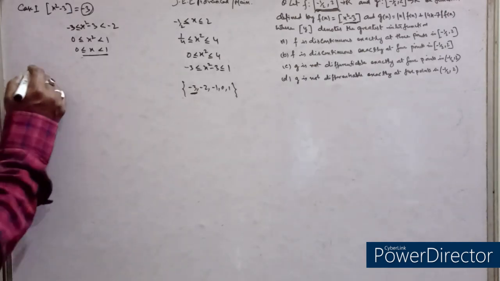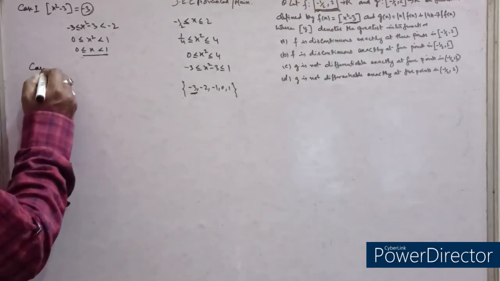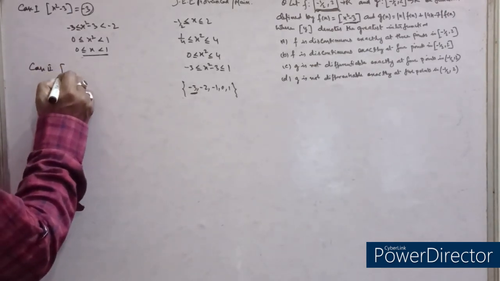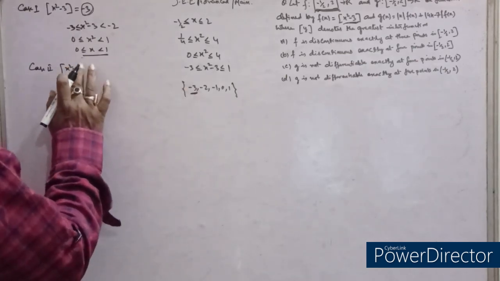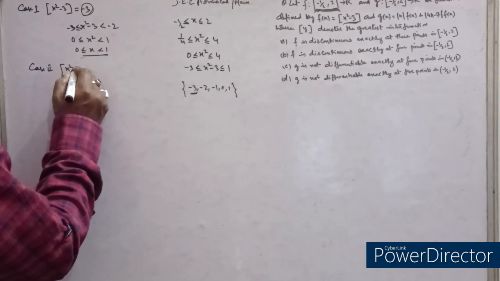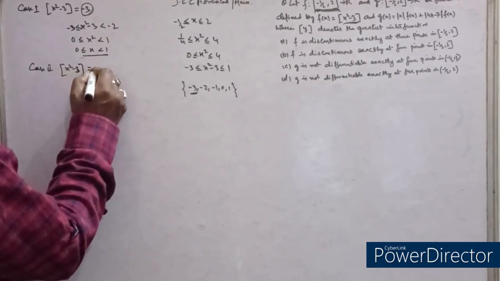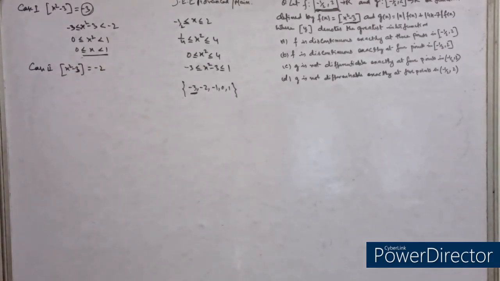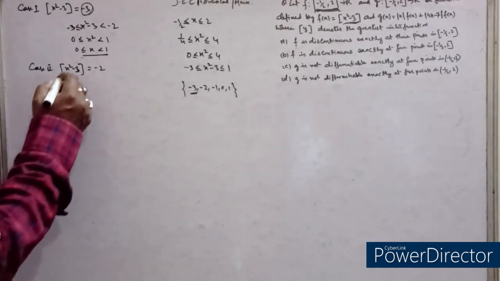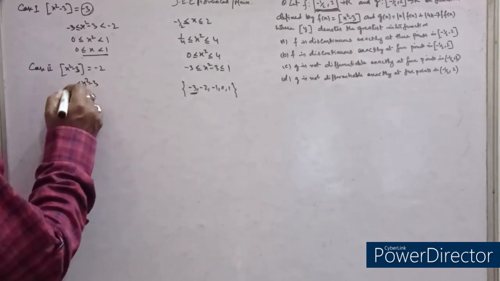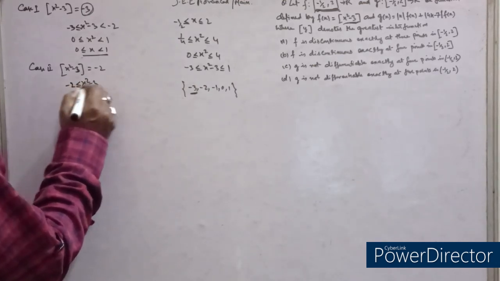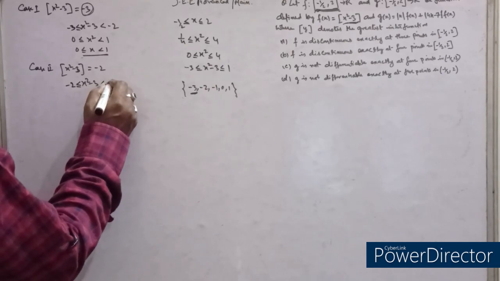Now case 2: we are considering that the greatest integer of x² minus 3 is equal to minus 2. So x² minus 3 must be greater than or equal to minus 2 and less than minus 1.